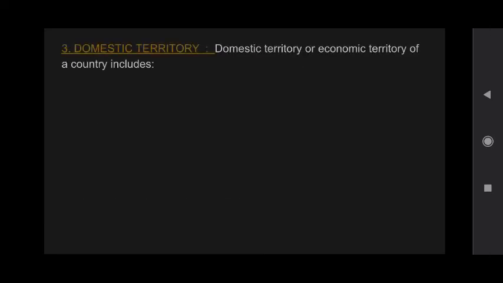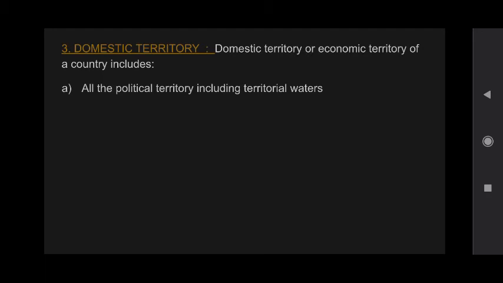Coming to the next concept, the domestic territory. Now, this concept particularly has a wider sense and a wider scope. Unlike the literal meaning, when we talk about geographical boundaries, that is not what it means in national income. So the domestic territory or the economic territory of a country includes certain things.